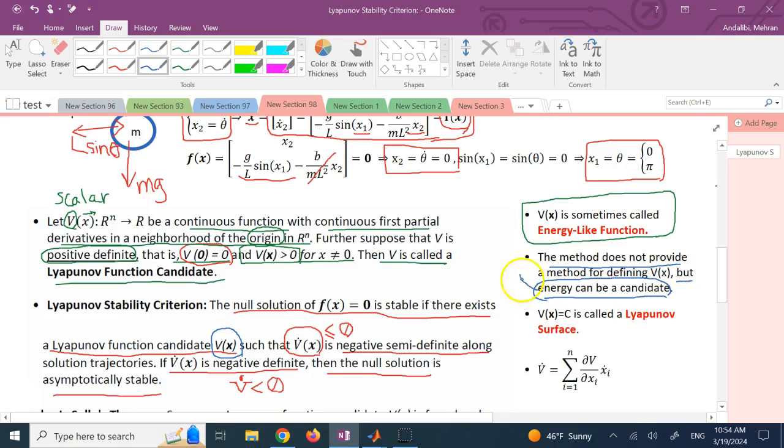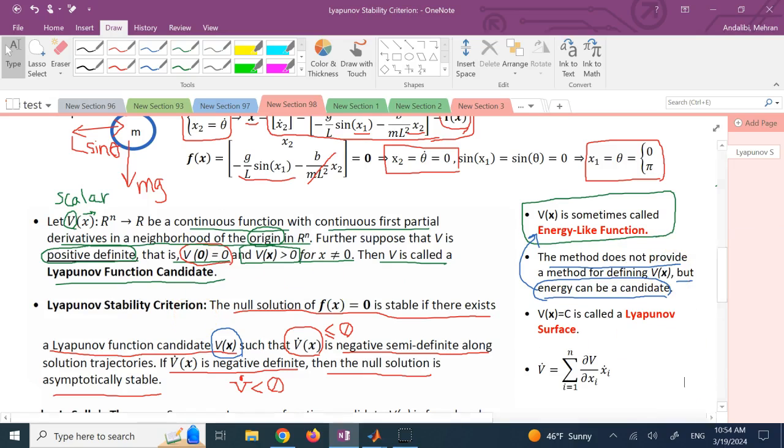That's why we call it what? Energy-like function. And why do we call it energy-like? Because sometimes we can find some functions which are not exactly the energy of the system, but they are similar to the energy of the system, and they still work with this theory, and they still prove that the system is stable or not.